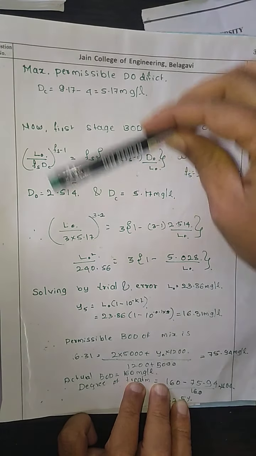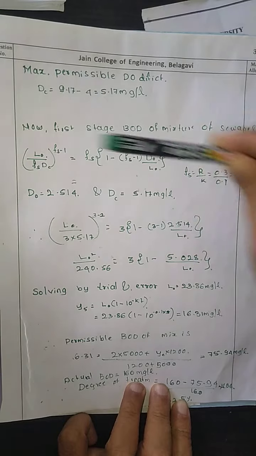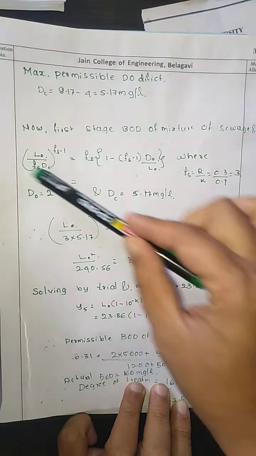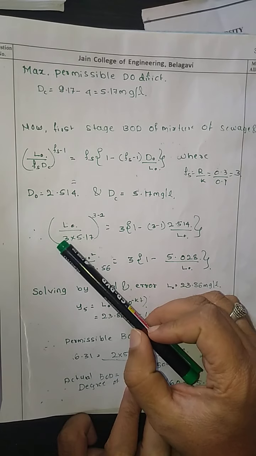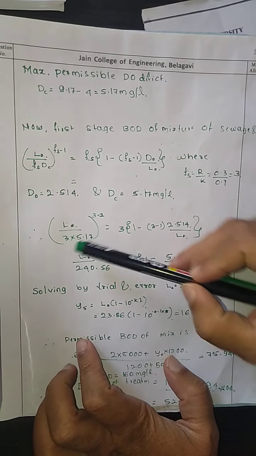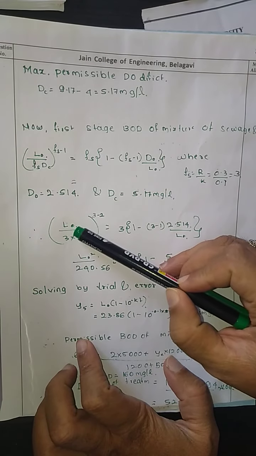Now we are going to simplify this equation by applying the values we have got. We need to find the L0 value.